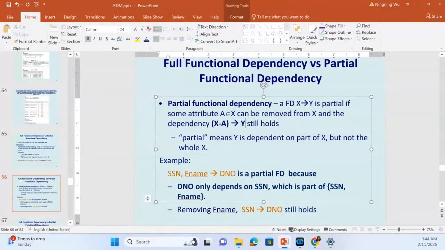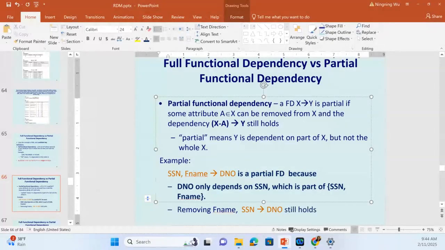So we only focus on X and determines Y. Partial in this case means that Y only depends on part of X, not the whole X. So partial X is the root cause that Y relies on, not the whole X. That's called partial.